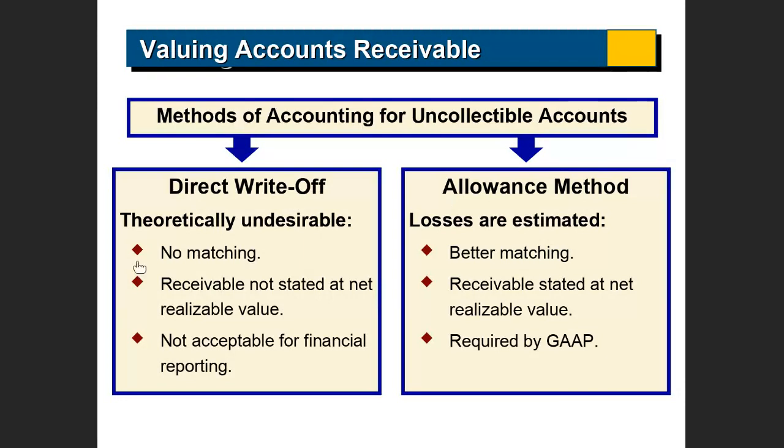The direct write-off method is when you are certain that this particular customer is not going to pay, and you have tried to collect from that customer many times, and you are now sure that the customer is not going to pay, you report one entry to write off your accounts receivable.